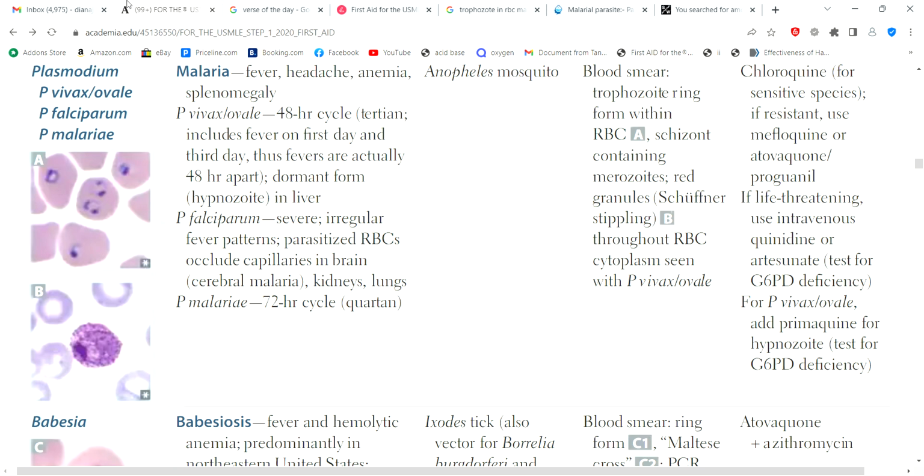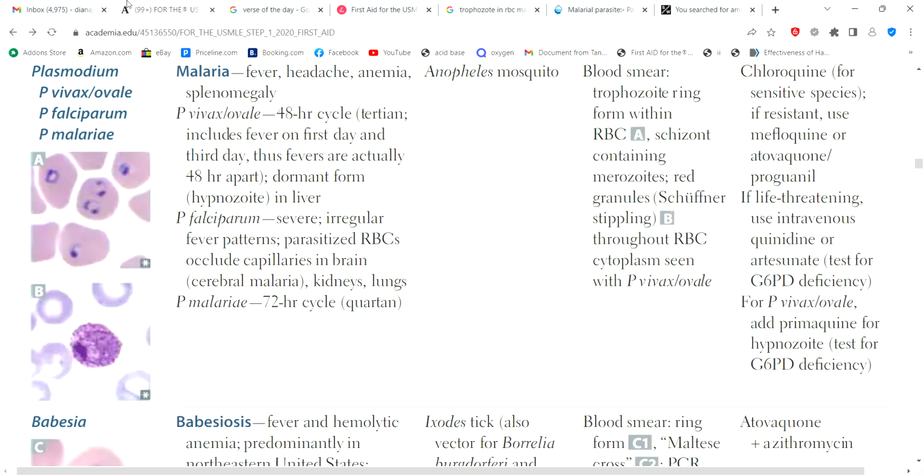Then schizont divides. That's the next stage. The schizont divides into merozoites. Then the liver ruptures and releases the merozoites. And number 5, the merozoites go on to infect the RBCs.